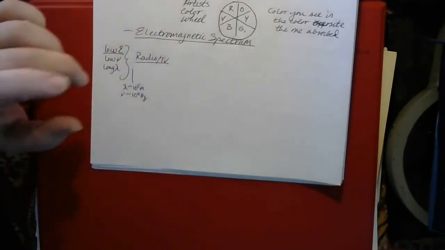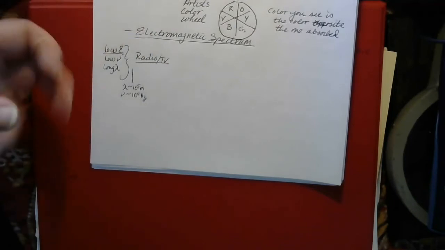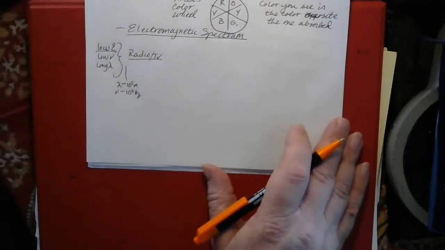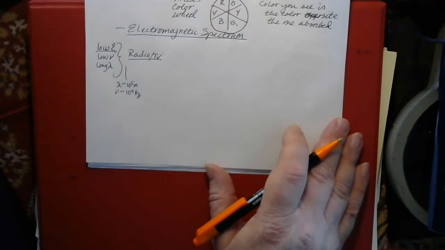And if you have a radio with a crystal in it that's tuned in the right way, then it can amplify that signal and you can listen to the radio station. Otherwise, nothing happens. The radio and TV waves have such low energy that we can be bombarded by them all day and all night for our entire lives and never even know the difference. So it makes no difference.